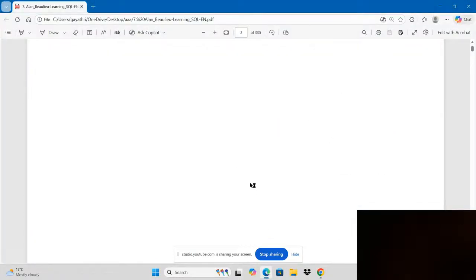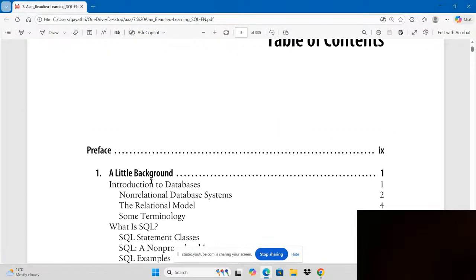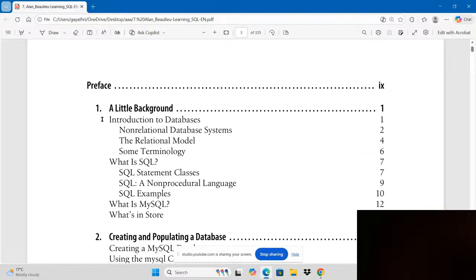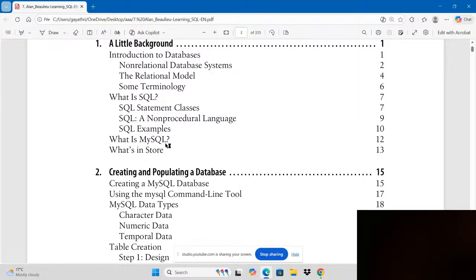Contents in this book: in the first chapter, Introduction to Database, Non-Relational Database System, Relational Model, some terminology, and SQL statement classes, with examples of SQL.